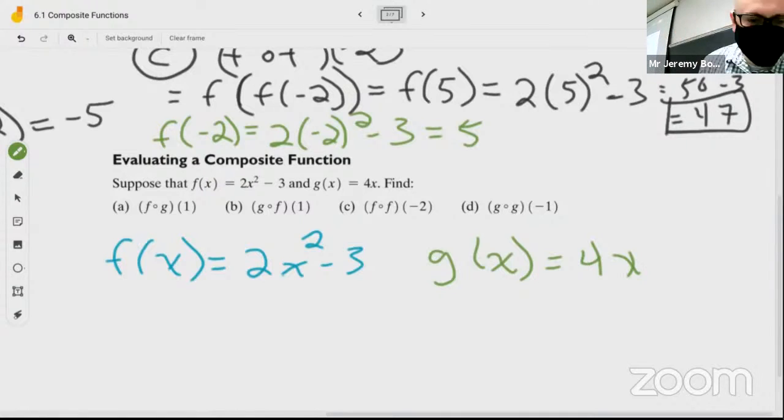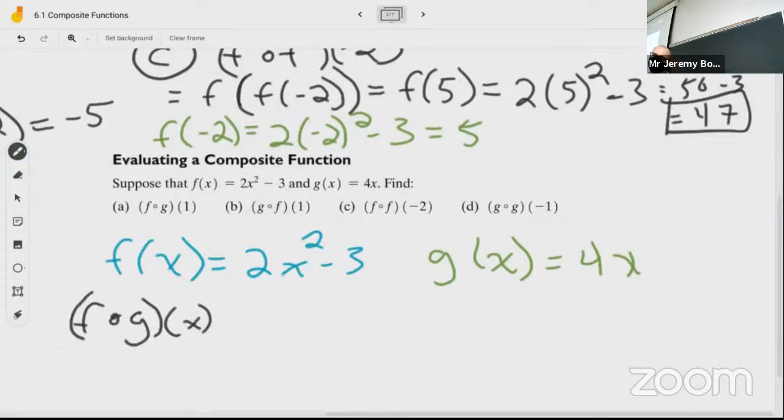If you want to find what is f composed with g of x, remember that is the same thing as f of g of x. Right?